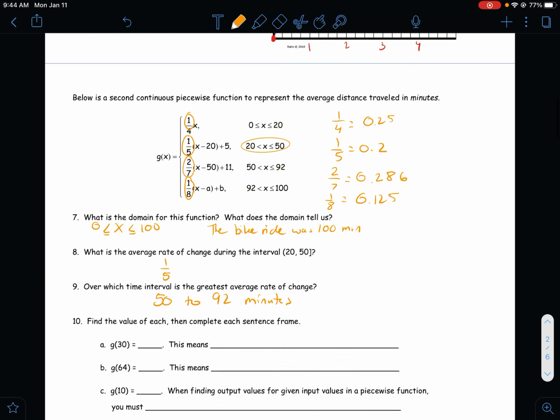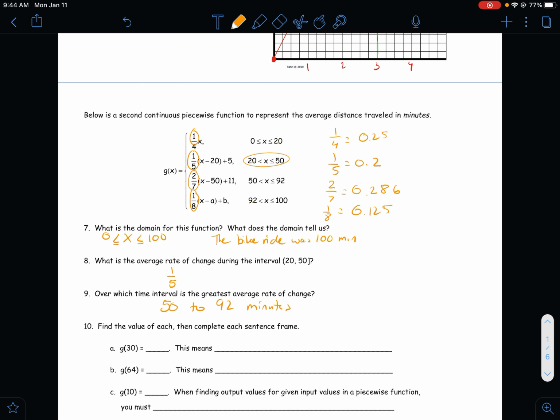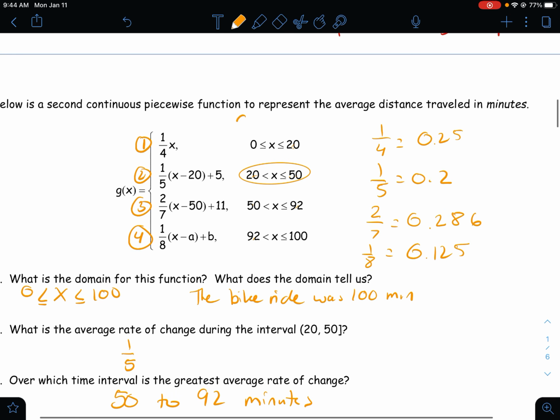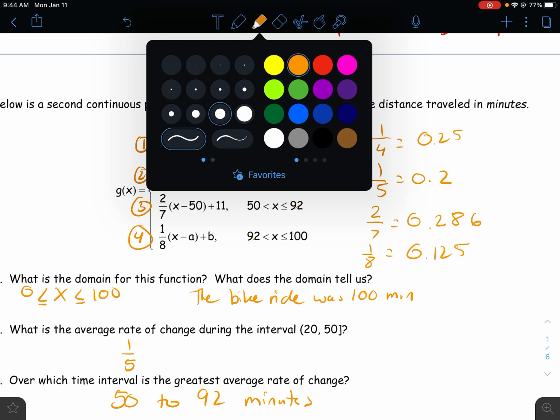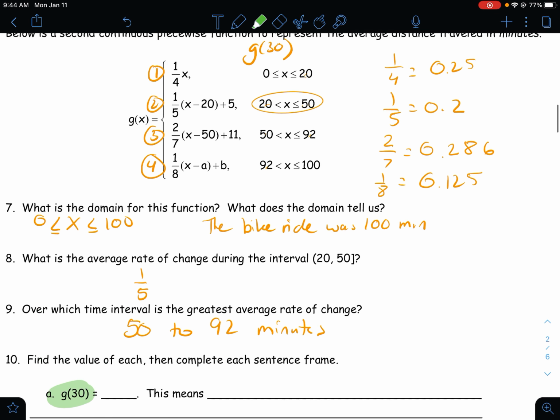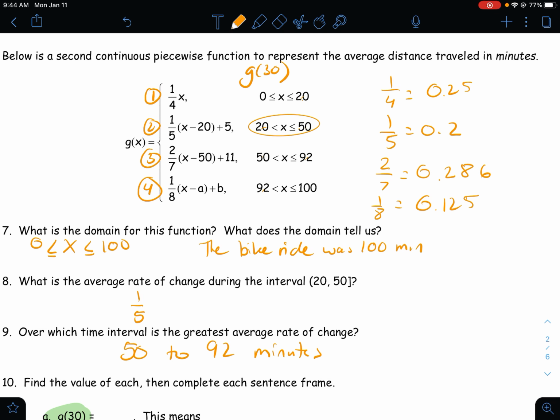All right, then it says find the value, then complete the sentence frame. All right, so I want you to find g of 30. All right, so let's look. I'll label these. We'll say equation 1, equation 2, equation 3, and equation 4. So if we're trying to find g of 30, which equation am I going to use? So to find g of 30, I'm going to have to use equation 2.